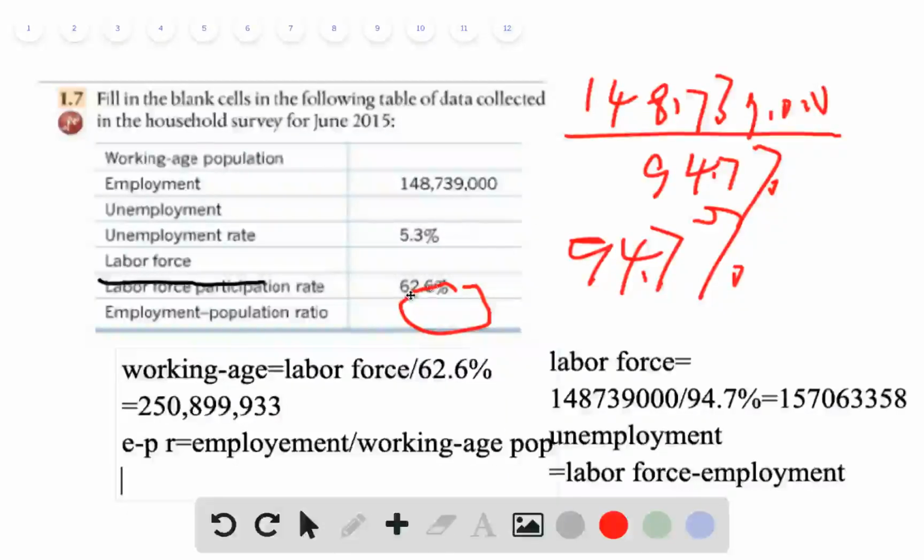So that's the way how you get this blank. So if you do this calculation, it actually equals 59.3%. So that's the way how you get this result.